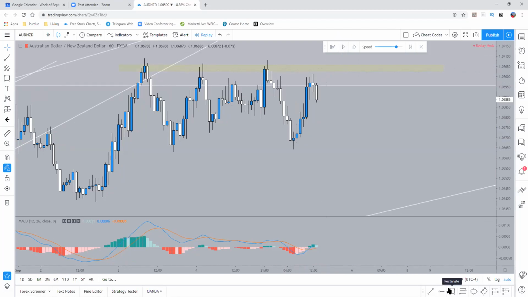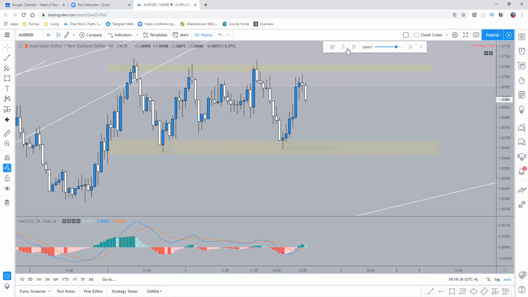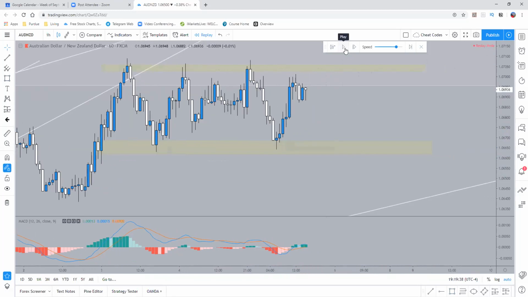And now it formed a little channel right here. So it's reacting within this channel. If you draw that little small line to make a triangle, it almost looks like a pennant. It basically retested that, didn't it?